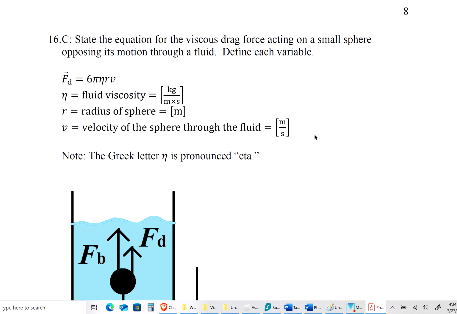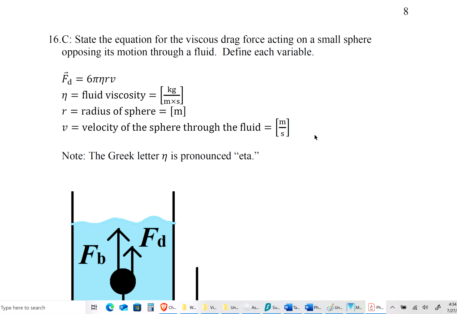Question 16. State the equation for the viscous drag force acting on a small sphere opposing its motion through a fluid. Define each variable. So the equation is force of drag equals 6 pi eta R V. Eta is the fluid viscosity, which depends on the fluid.